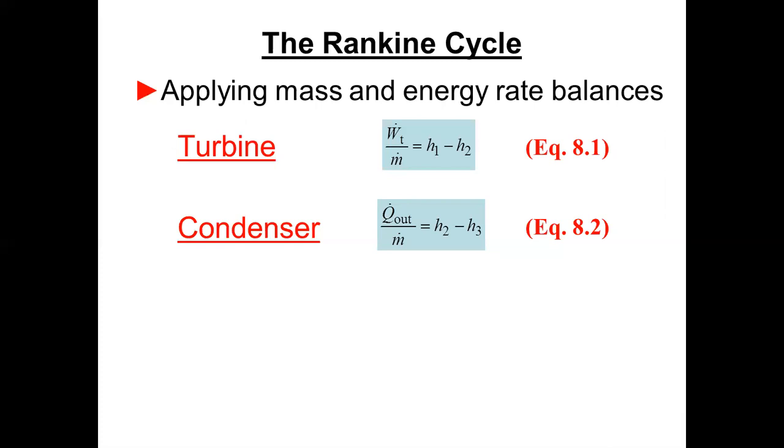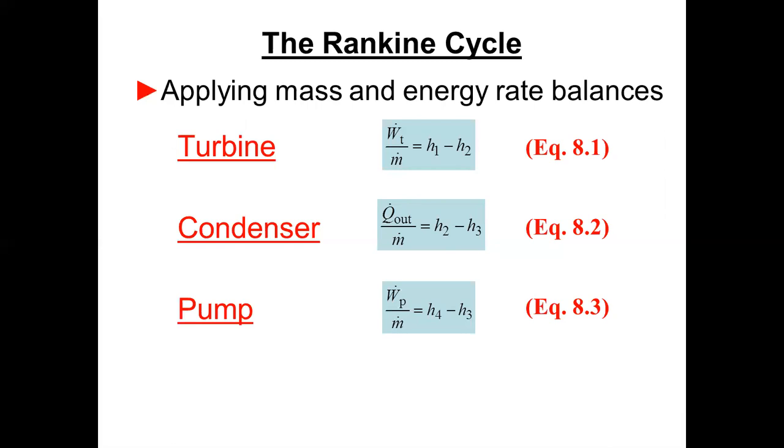Very nice. For the condenser, the heat transfer per unit mass, or the total heat transfer divided by the mass flow rate through the condenser, is again the enthalpy difference. And so all of these, as they're written, will yield positive quantities because the energy is higher going in than coming out. And the energy that's lost in the condenser goes to the cooling water. And so we can do a balance on that as well.